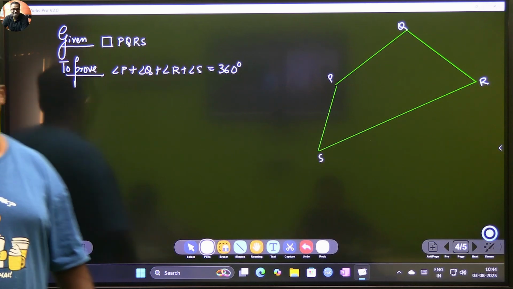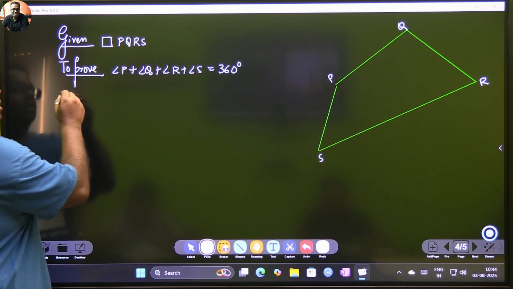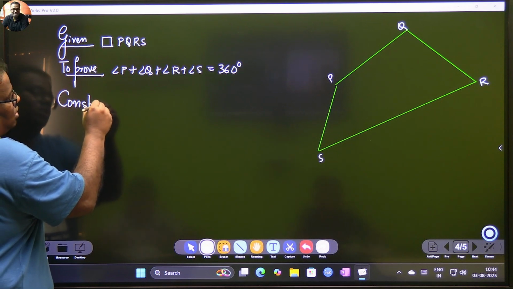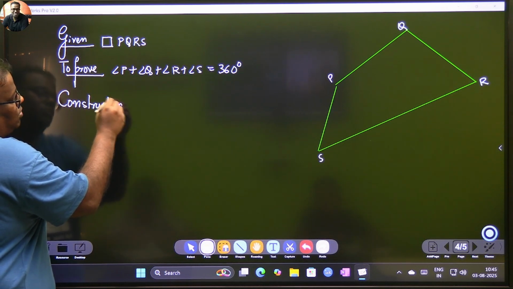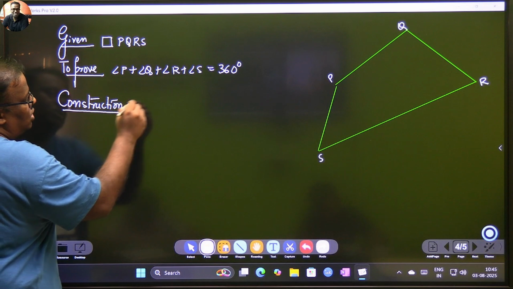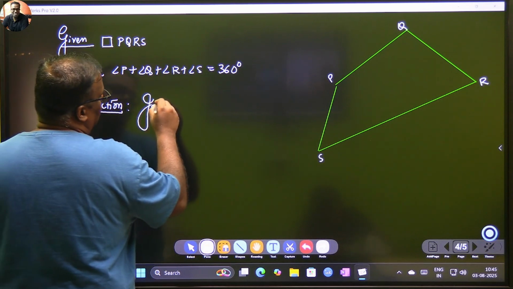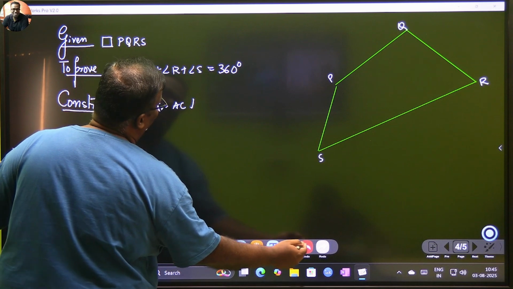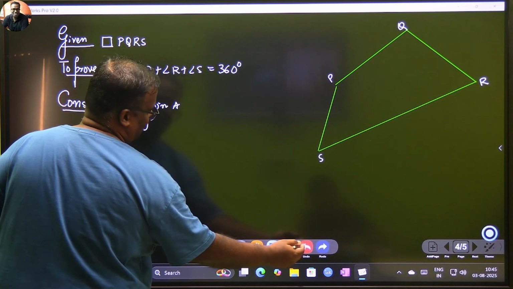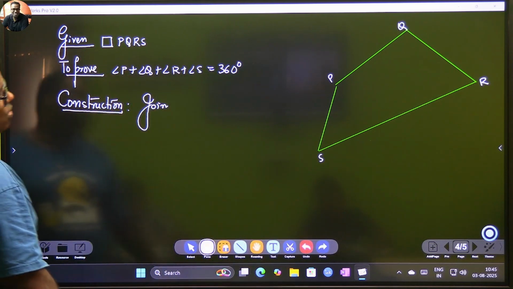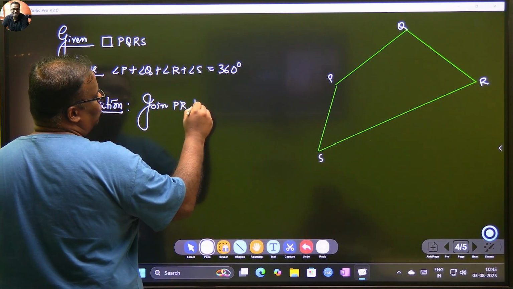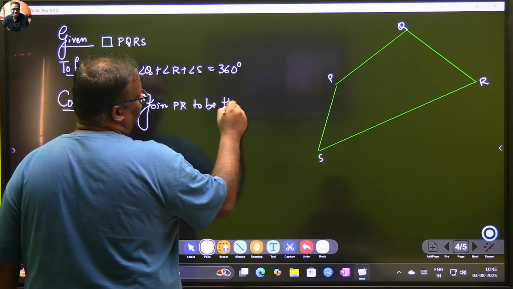You have to make a diagonal. So what do we say? The next step is construction. Always write construction. Then your habits will be good for 9 and 10. Construction: join PR, to be the diagonal.